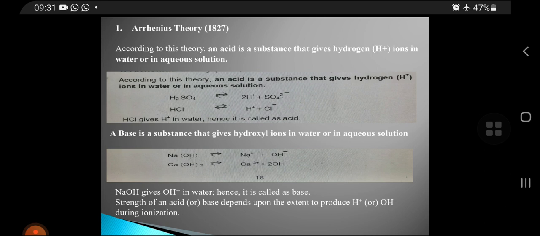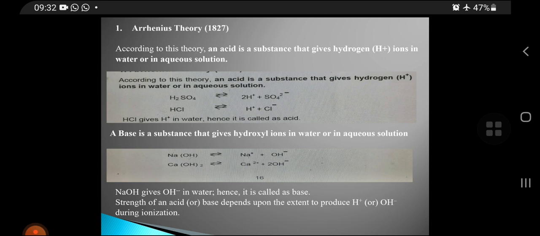Another example, HCl. HCl also produces H plus ion in aqueous solution. So, HCl is also called an acid. The HCl gives H plus ion in water, hence it is called an acid.